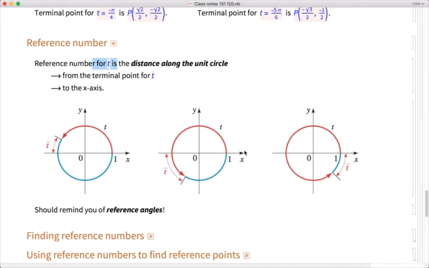If we overshoot the x-axis, we sort of went too far here, then the reference number becomes the distance back to the x-axis. So this would be the reference number, t bar. Reference numbers are always positive. In this case, we get almost all the way around, but we come up a little short, so the t bar, the reference number, is this additional distance that we have to go now to the positive x-axis.